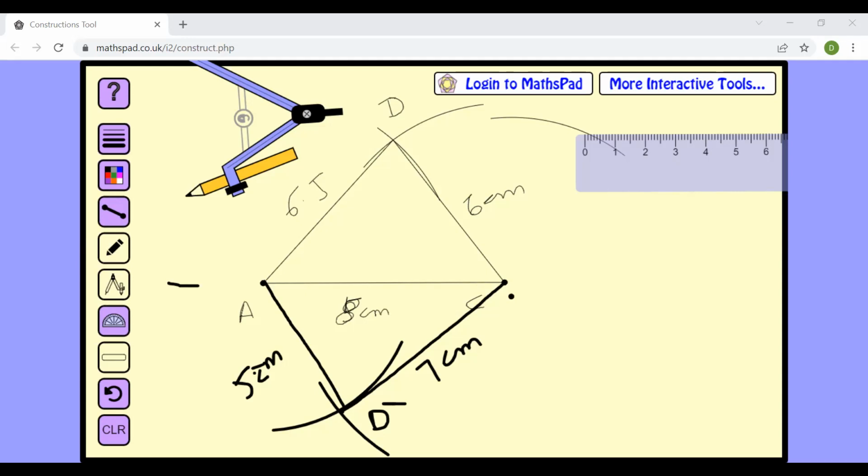Now, how will you draw? If this is an arc of convenient radius, how will you draw 60 degrees and 30 degrees? Ma'am, can you draw a line segment? I am confused by the question. This is the line segment only, this AB. Where?